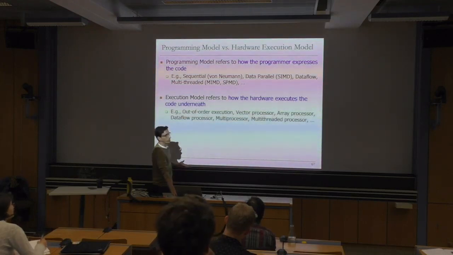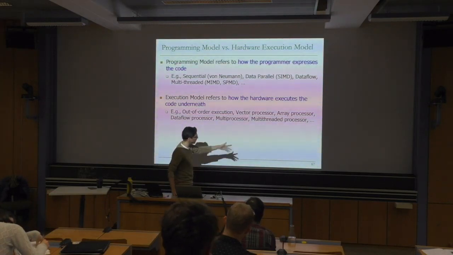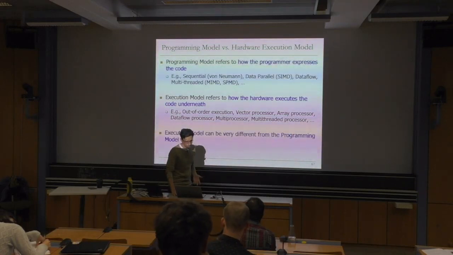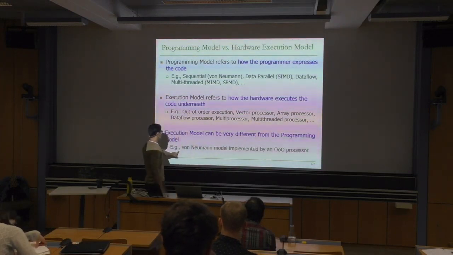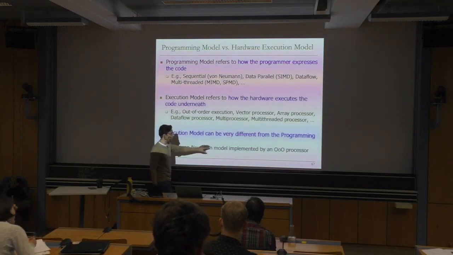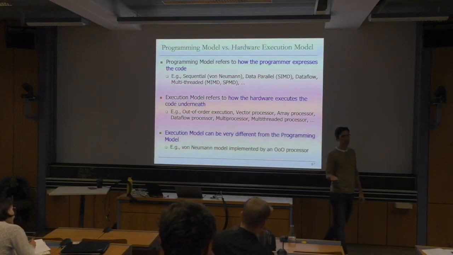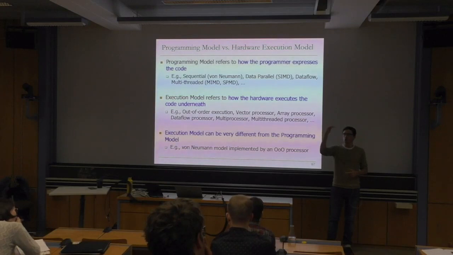And this will depend on the actual hardware. Maybe it's an out-of-order processor, maybe it's a vector processor, maybe it's an array processor, maybe it's a data flow processor, etc. So the execution model can be different from the programming model. For example, the von Neumann programming model can be implemented on an out-of-order processor. You are familiar with out-of-order processors, right? In out-of-order processors, we don't need to follow the exact sequence of instructions as is defined in the sequential program.